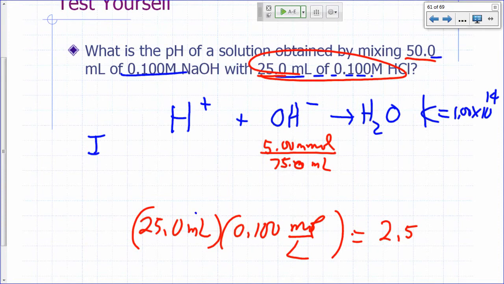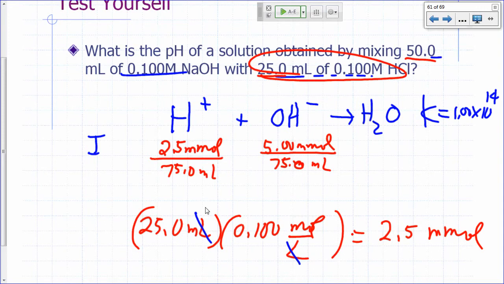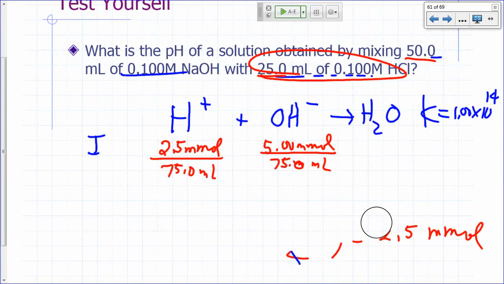Liter cancels out, so that gives you the answer in millimoles. So initially your H plus is going to be 2.5 millimoles divided by the total volume, 75 mL, right? So those are your initial concentrations. And we don't worry about water, we have plenty of it, in excess.